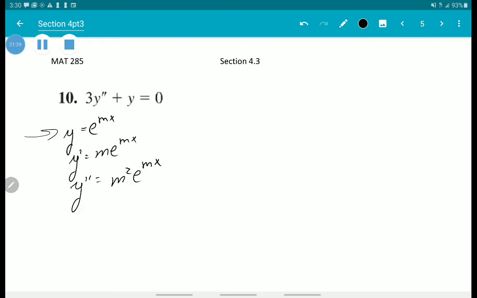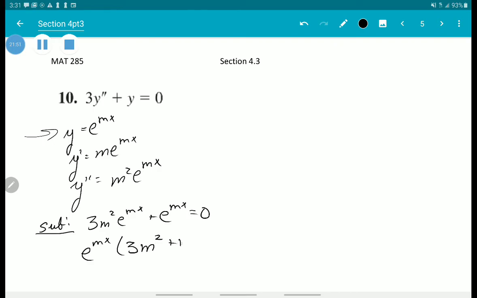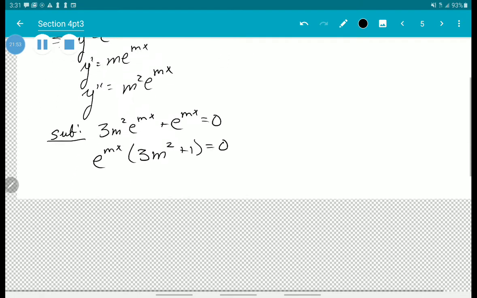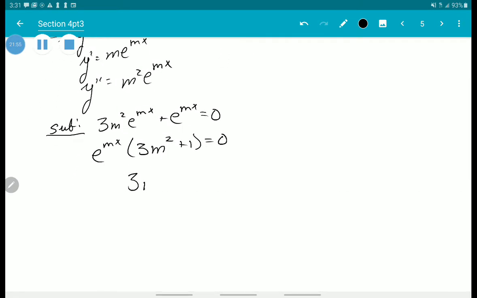So y prime equals m e to the mx and y double prime equals m squared e to the mx. If we make that substitution, we're going to get 3m squared e to the mx plus e to the mx is equal to 0. And we could factor out e to the mx, leaving us with 3m squared plus 1. So we see we're going to have an imaginary root.